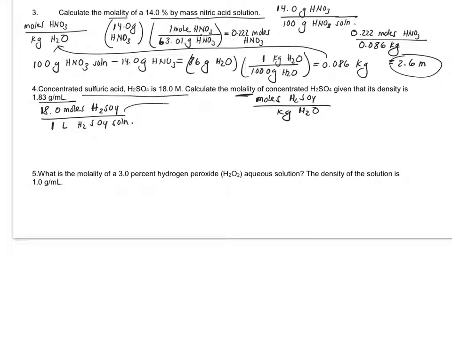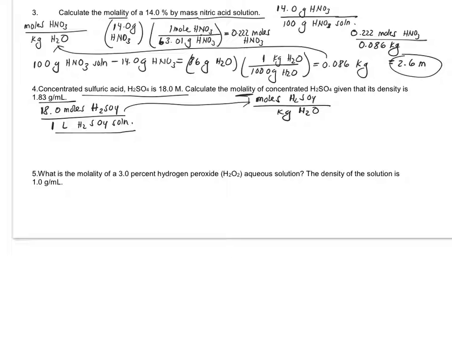Okay, so I have my moles that can be directly transferred into the equation for molarity. I have my volume of solution. If I convert that to milliliters, I can get the grams of solution. And if I get the grams of sulfuric acid from the molar mass, I could subtract the two to obtain the amount of water.